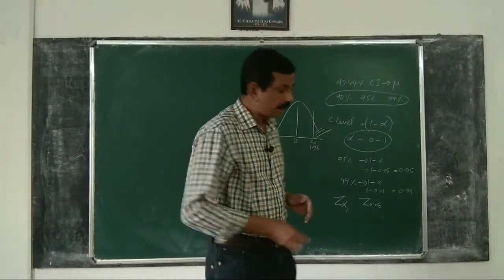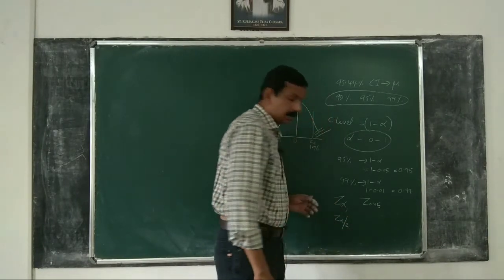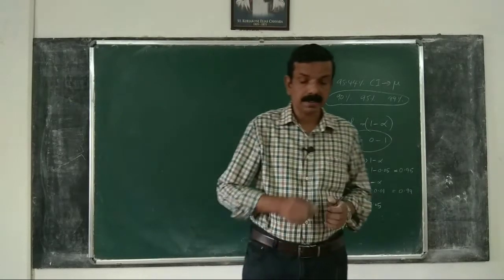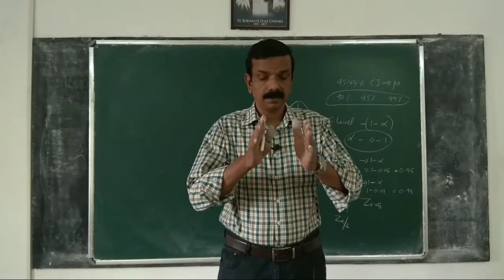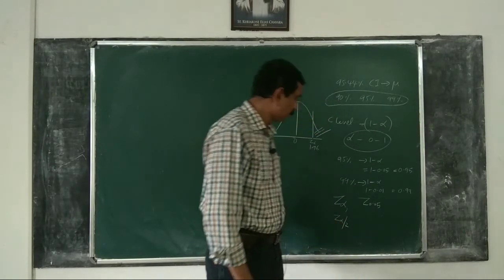And Z alpha by 2 means the Z score that has an area alpha by 2 to the right.